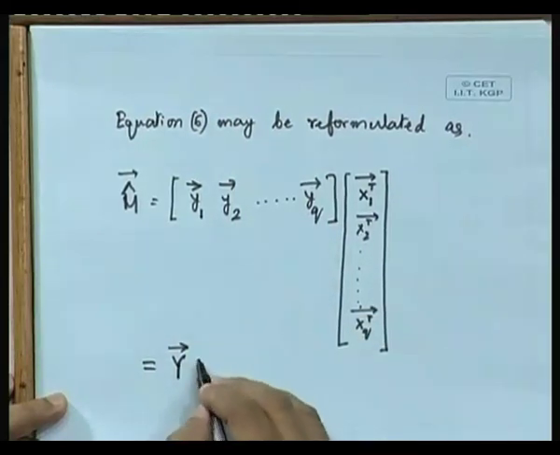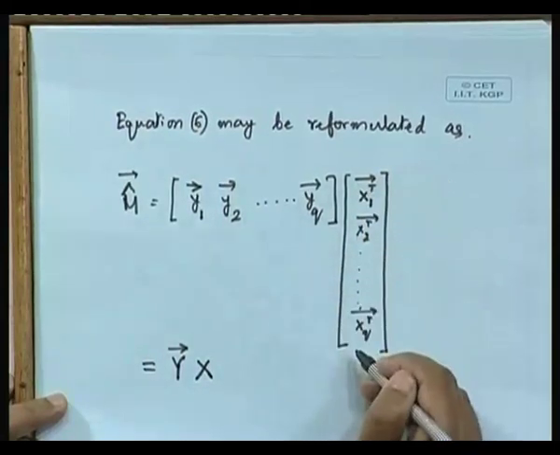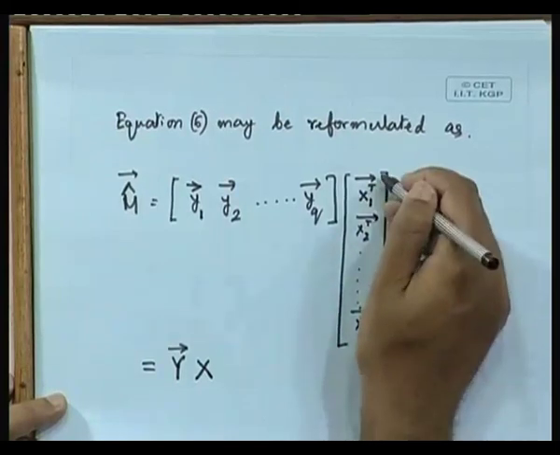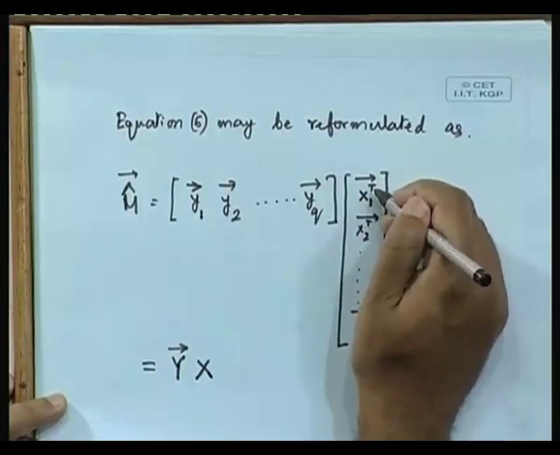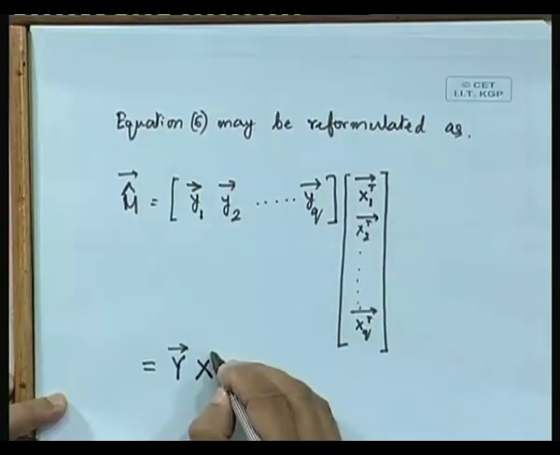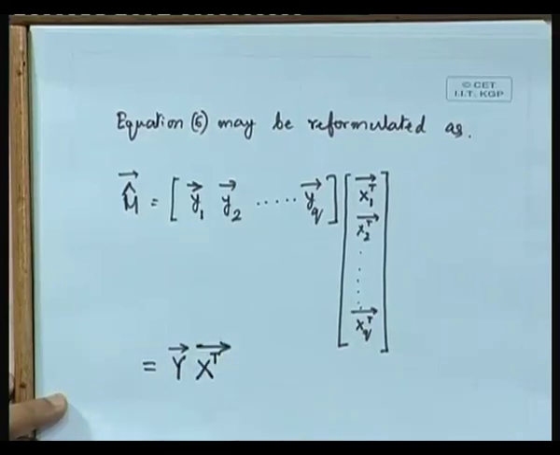Times, we are again going to define another vector, the capital X vector, containing the elements x1 vector, x2 vector, like that. So, effectively we are going to have the X transpose vector, okay.